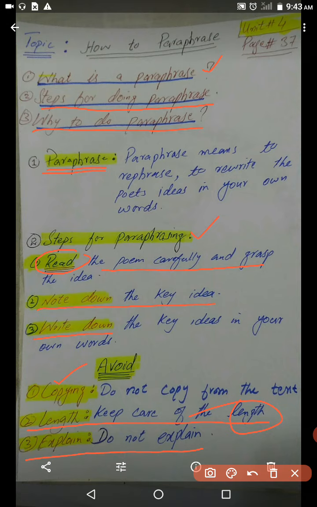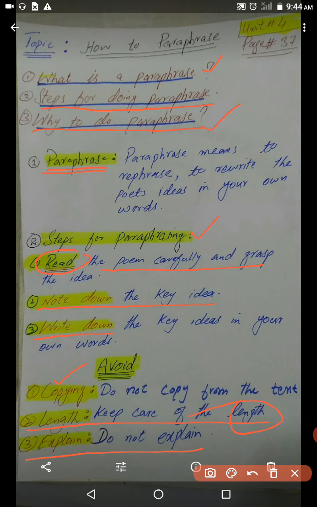Now our third question is, why to paraphrase? So doing paraphrase is very much important, because you know that the poetry language is most of the time very difficult, and common readers are not able to get the idea that what the poet wants to say.